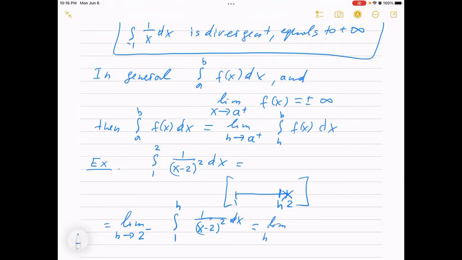So in the limit as h approaches 2 from the left, the antiderivative is negative 1 over x minus 2. We're doing it from 1 to h.